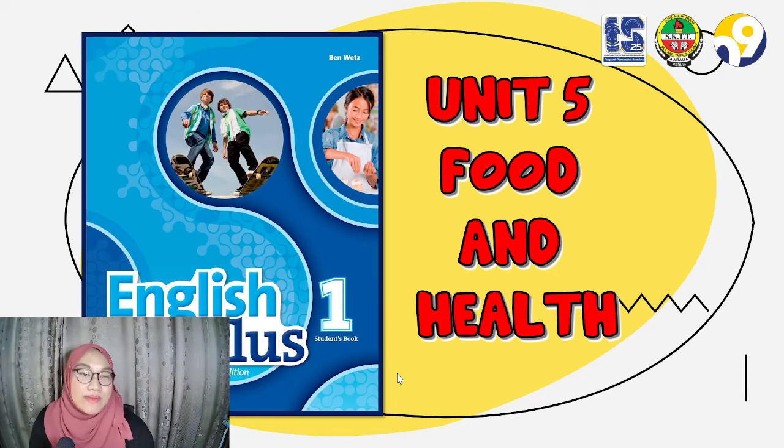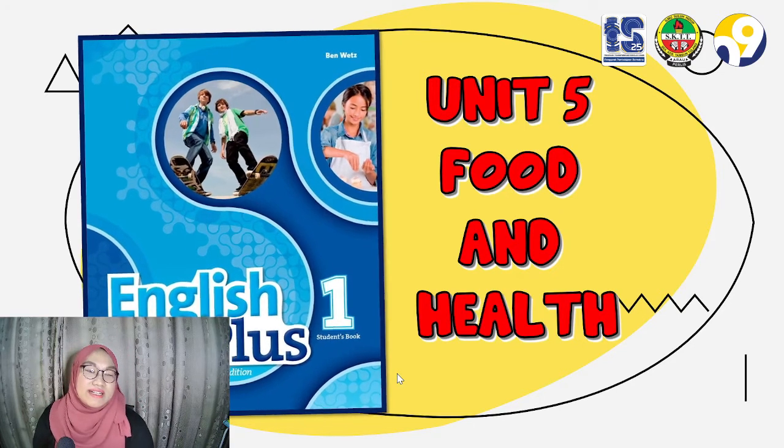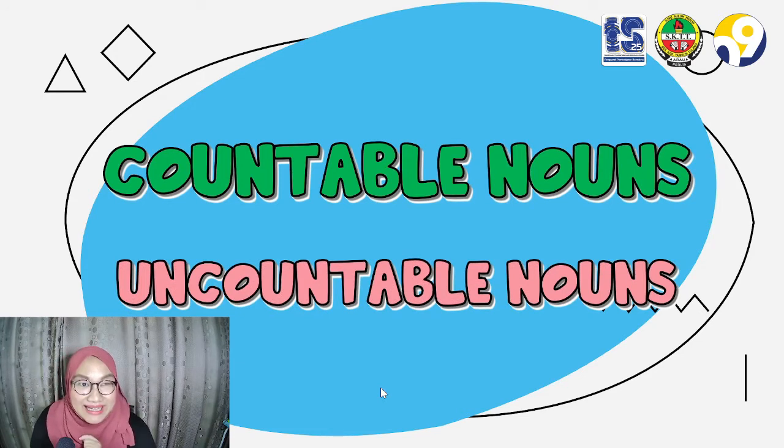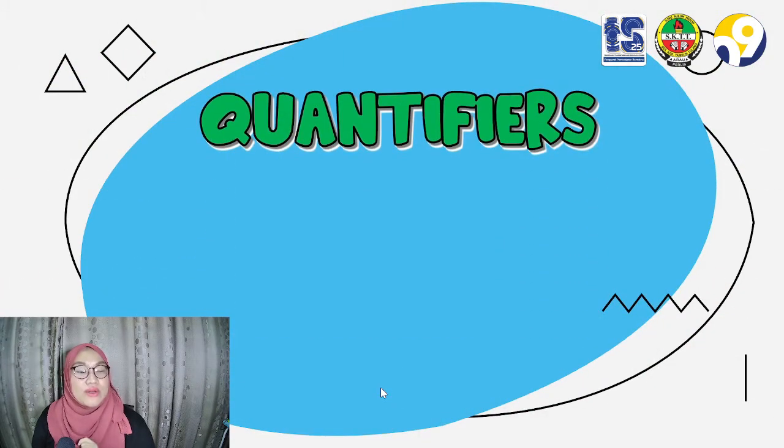Alright, so let's find out what we are going to be learning today. So for today, we are going to be learning about countable nouns and uncountable nouns. Also, one more thing that we are going to learn today is what we call quantifiers. Apa benda countable, uncountable and quantifiers ni? Well, we will find out later.